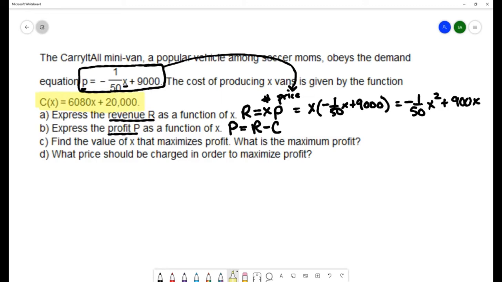So we're going to use the revenue function that we just calculated and the cost function to calculate profit. So we're going to do negative 1/50th X squared plus 9,000 X, and I can see I wrote over here 900X instead of 9,000.